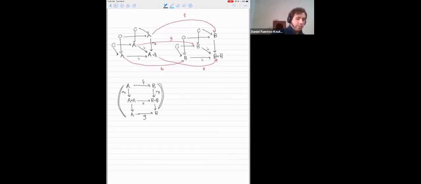And so this square commuting tells me that actually I have a commutative diagram that looks like this, where maybe I'm hiding some coherence things. And so in fact, F and G do the same thing on the vertices. By symmetry, you can show that H does the same thing, and then you can show that K is just a coproduct of F and F. And so really all of this stuff that a priori looks like different information is forced by these faces being pushouts to all be the same information.